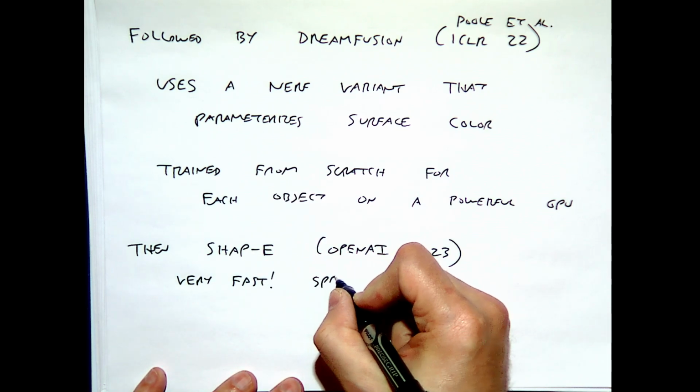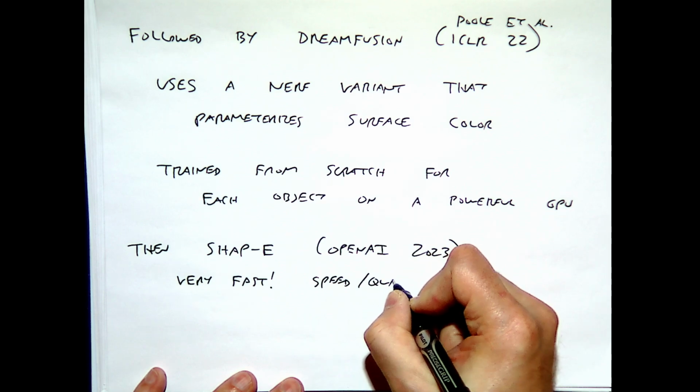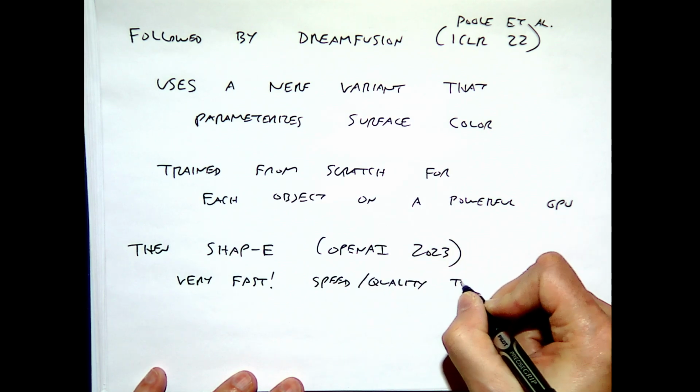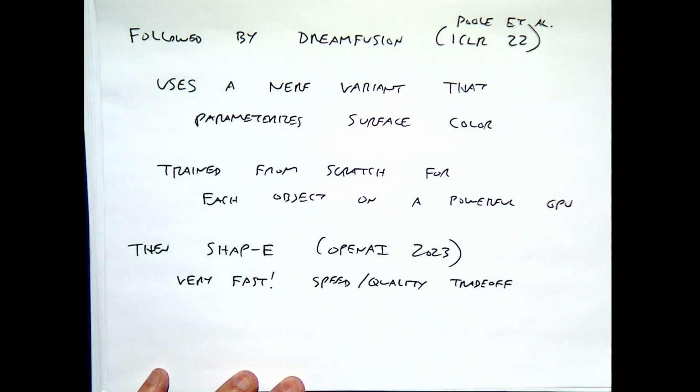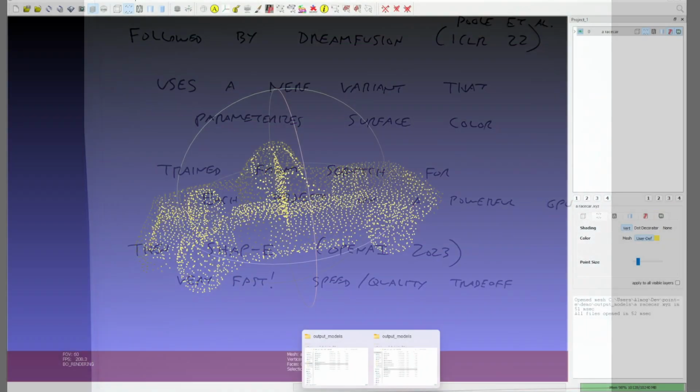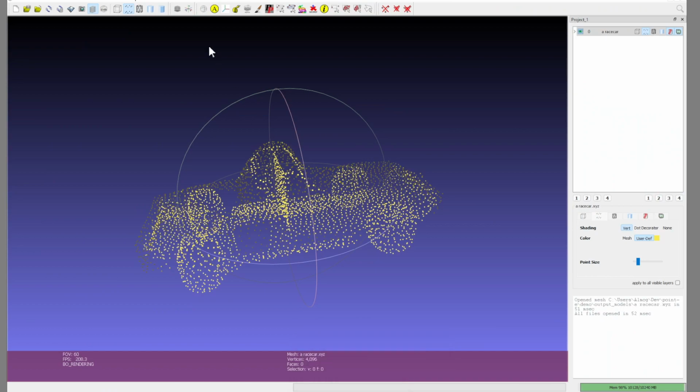Basically, again, this is a speed-quality trade-off. The results that you get from Dream Fusion are really cool, but they're not interactive, and Shapey should be interactive. So let's go back to the computer downstairs and see what we can do with Shapey here.